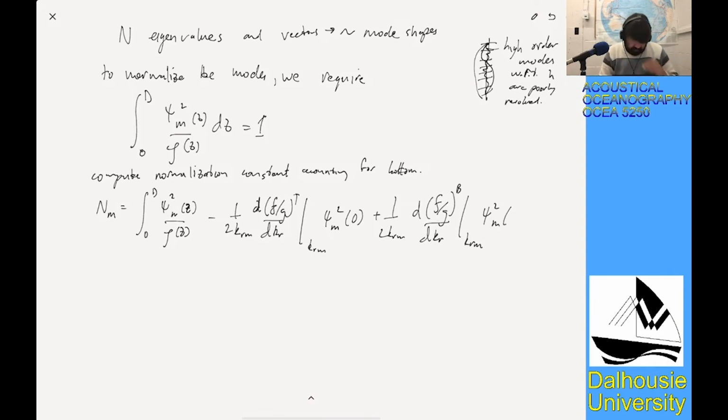Okay. Another alternative is that we can normalize numerically. An easy thing to do.